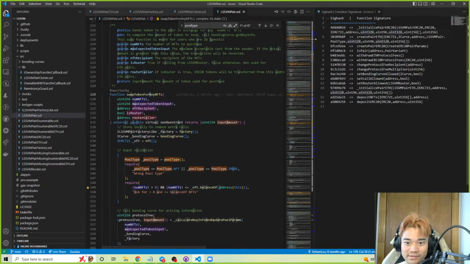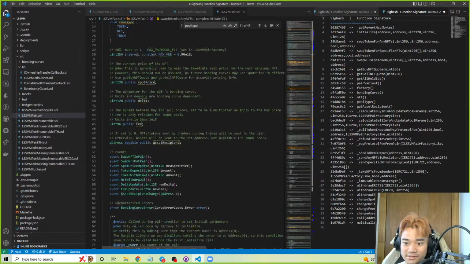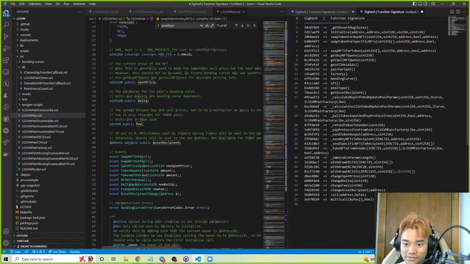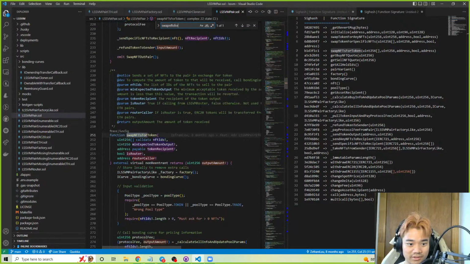Let me do this. Function signatures for the pair contract. Swap NFTs for token. All right. Let's do this. NFTs for token.